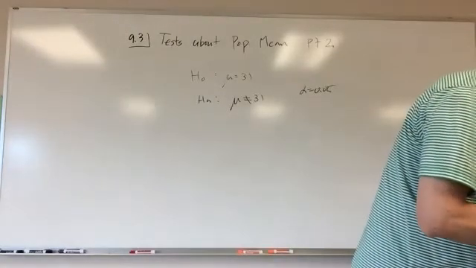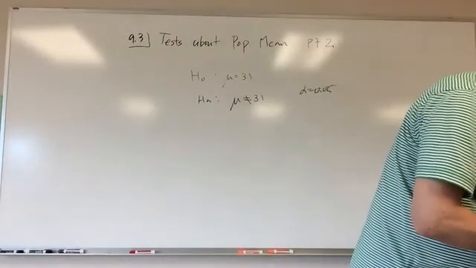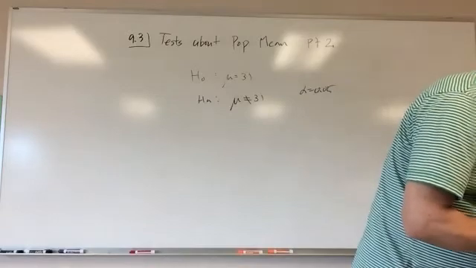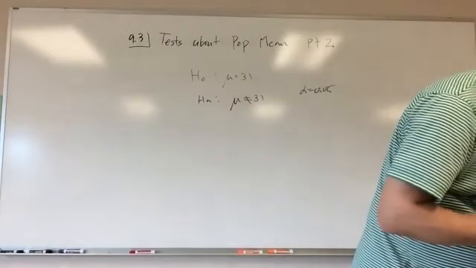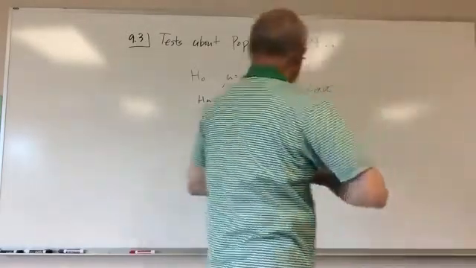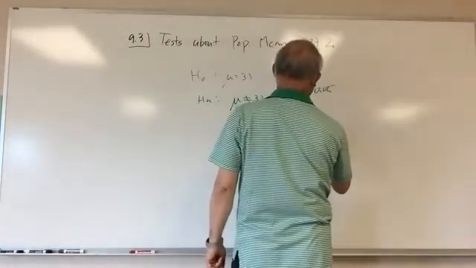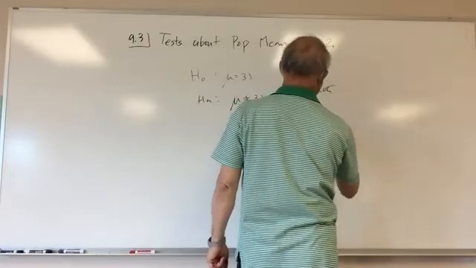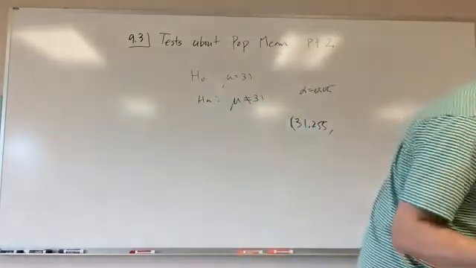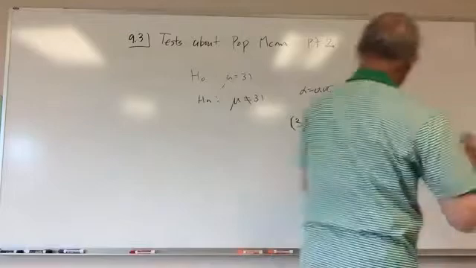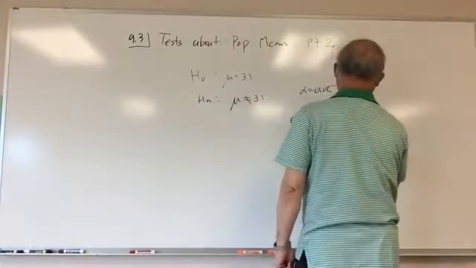Okay, C. A 95% confidence interval for the mean weight of the population growing in the year was 31.255 to 32.616.